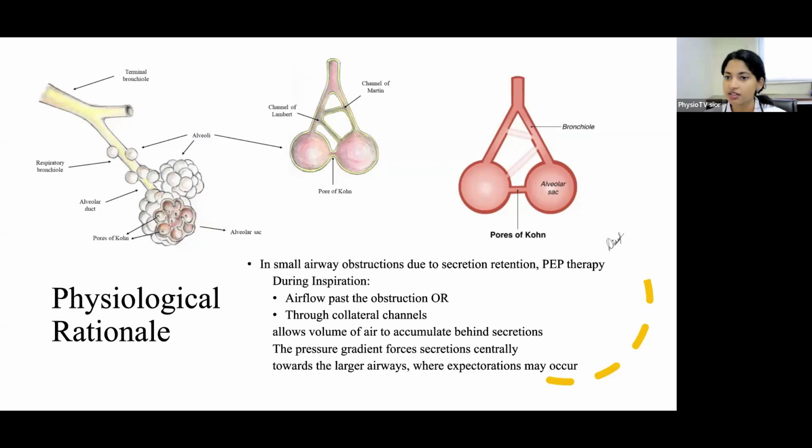The air will flow from higher pressure to the lower pressure, thus assisting the movement of secretions from the distal area, which is here, to the proximal area, which is here. That will help to move the secretions from the alveolar sac into the airways and outside. That is why it helps in proximal movement of the secretions.